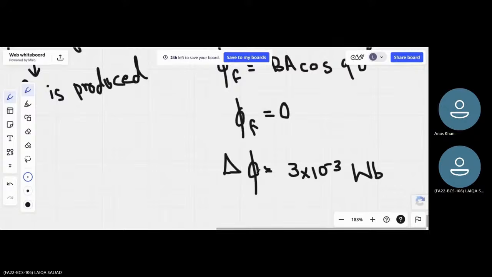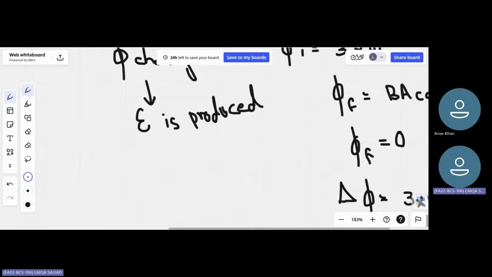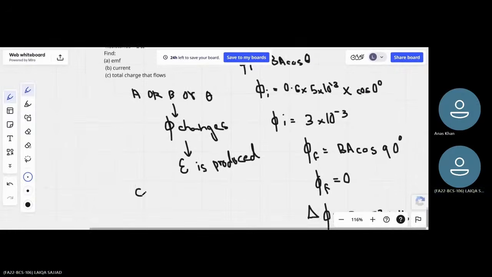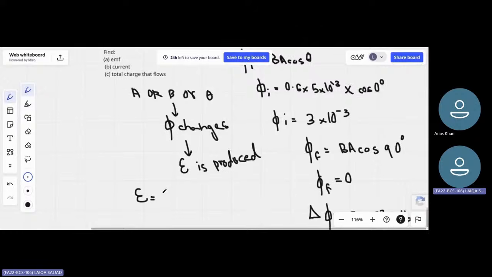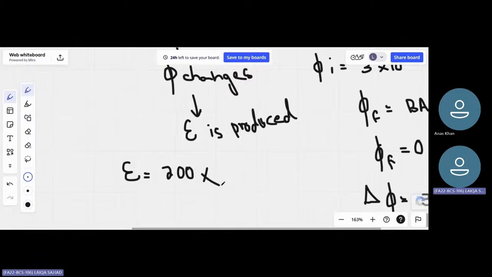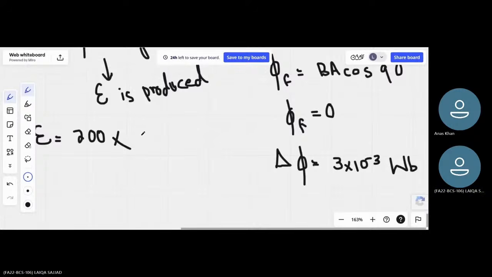Okay. Now we have got the value for the change of flux. Now we will calculate the value for the EMF. It's simply N, which is 200, times the change of flux, which is 3 into 10 raised to power minus 3, divided by the time taken to change the flux.